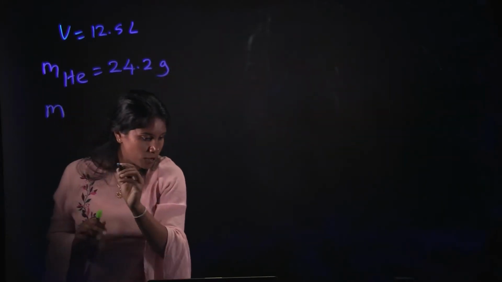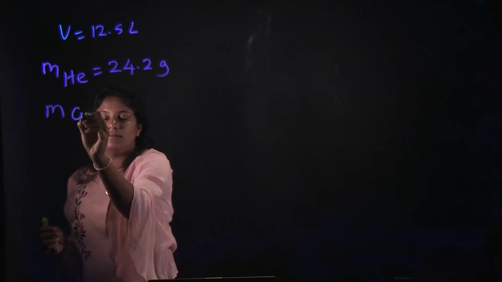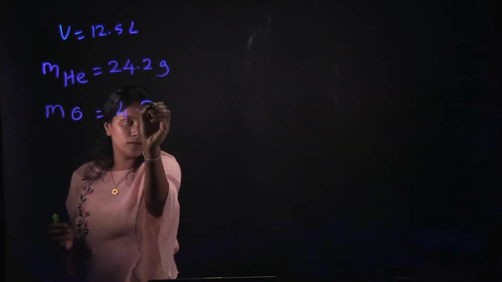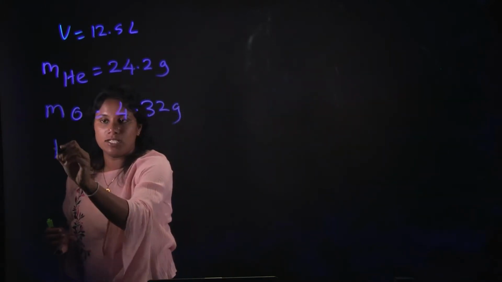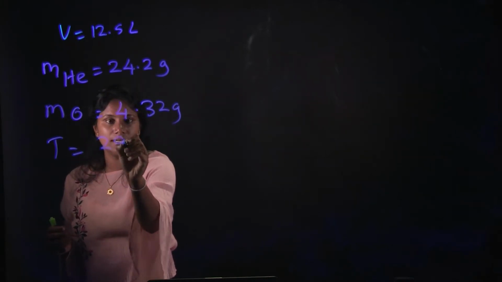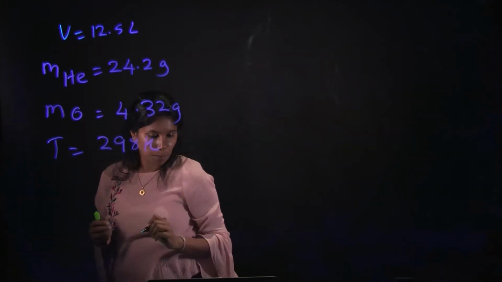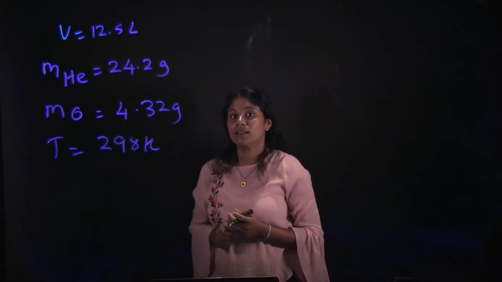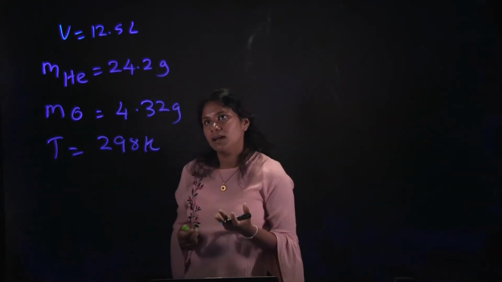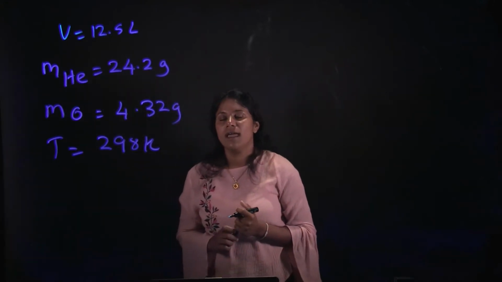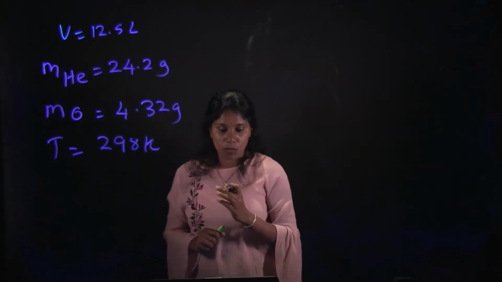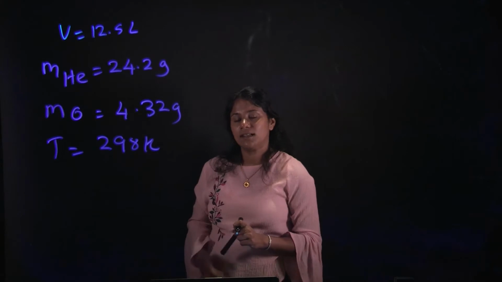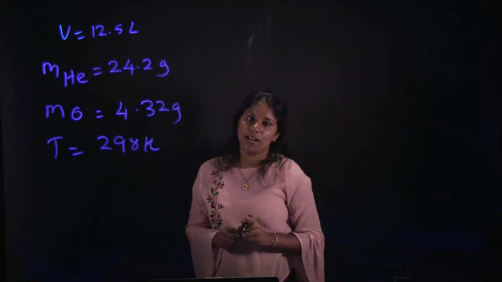Mass of oxygen is given, which is 4.32 gram. Temperature is given, 298 Kelvin. And then that's about it, right? And they ask you to find the total pressure and also mole fraction.